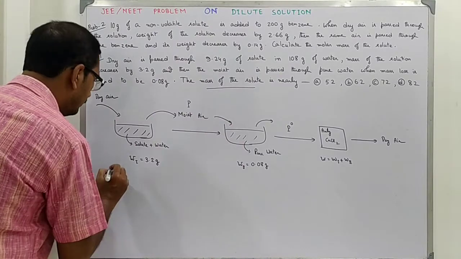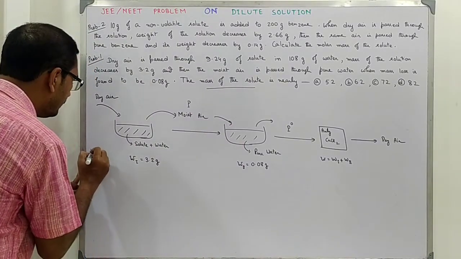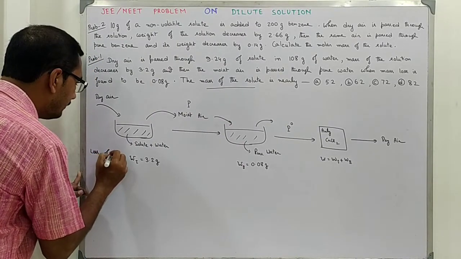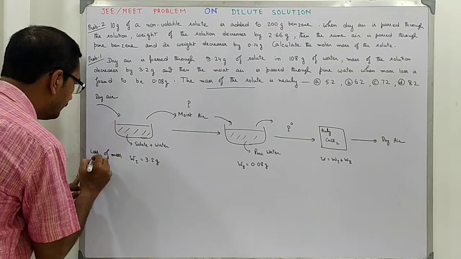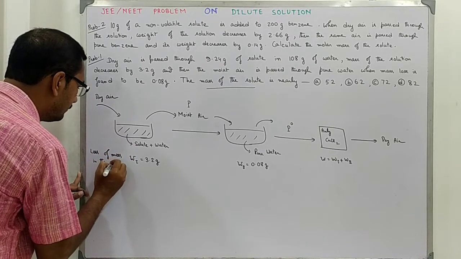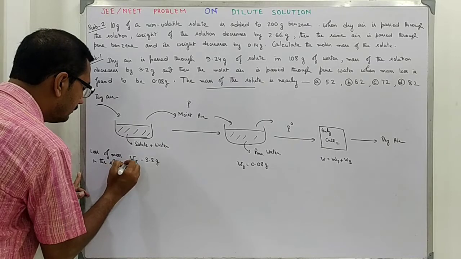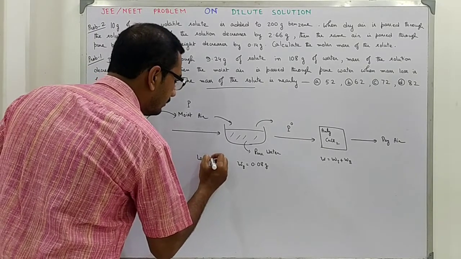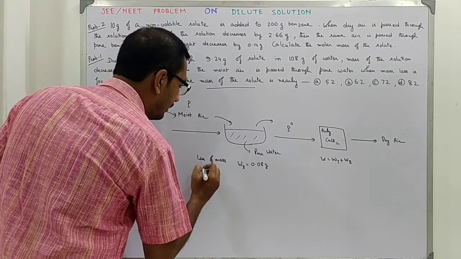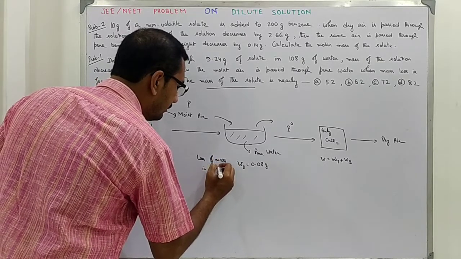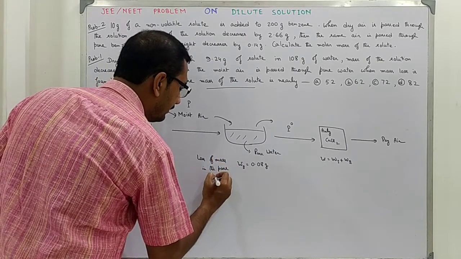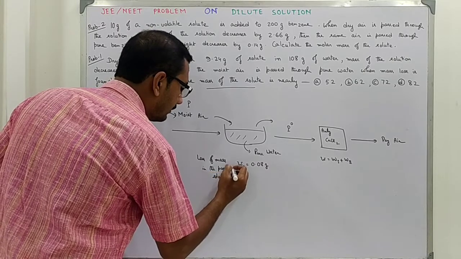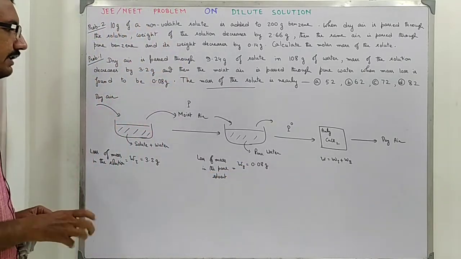So this W1 is the loss of mass in the solution, and this W2 is the loss of mass in the pure solvent. And how will we measure it?